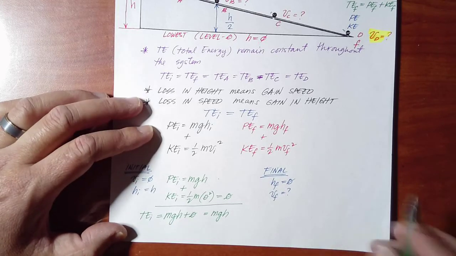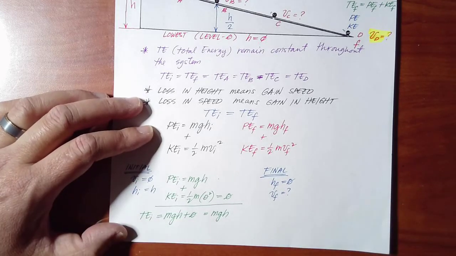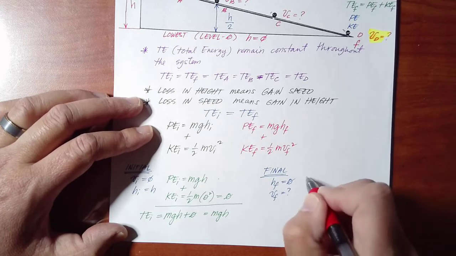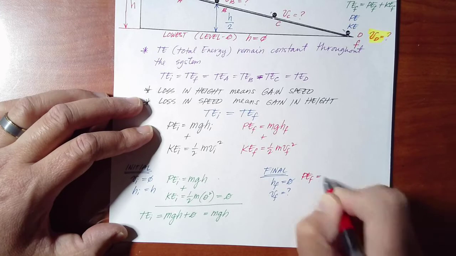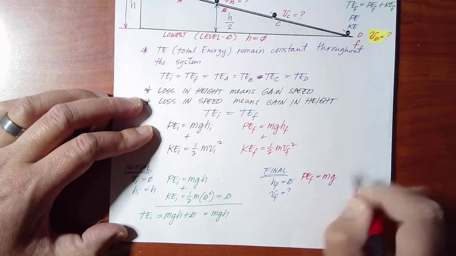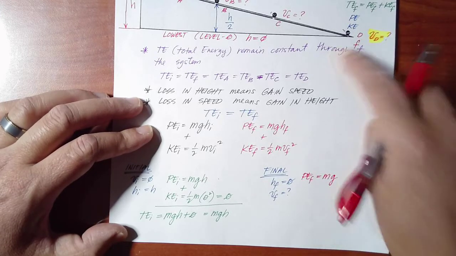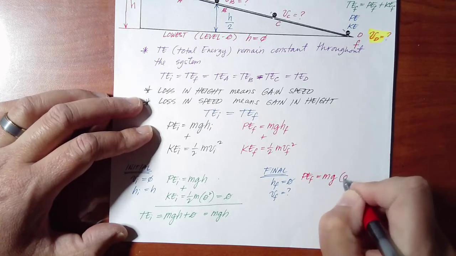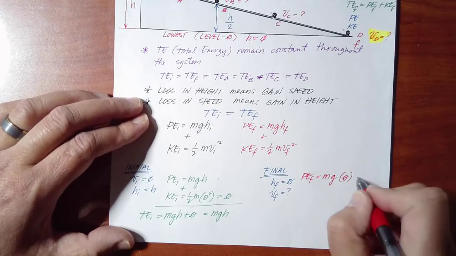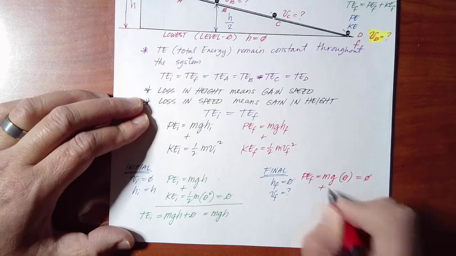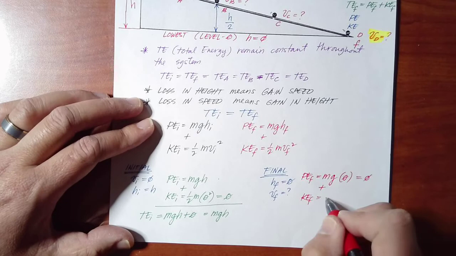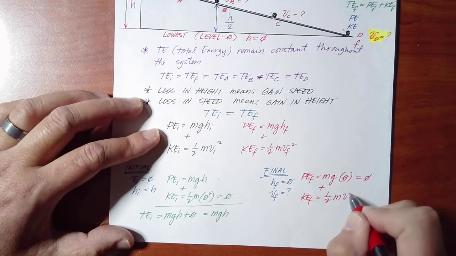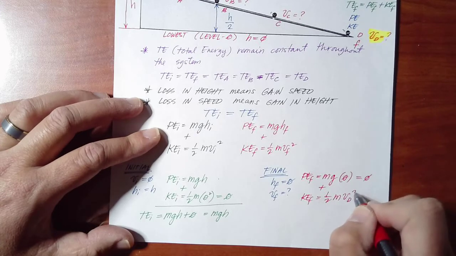Now, let us calculate our final conditions. So we have potential energy at final is mass times g, and we all know that the position is already at the lowest point, so our height is set to be 0, and this is 0. Plus the kinetic energy at your final position, which is 1/2 m v of d, and then you square it.